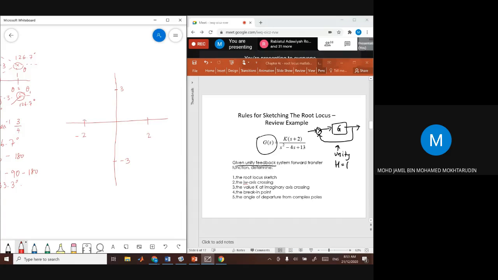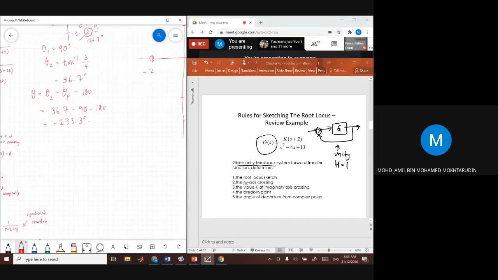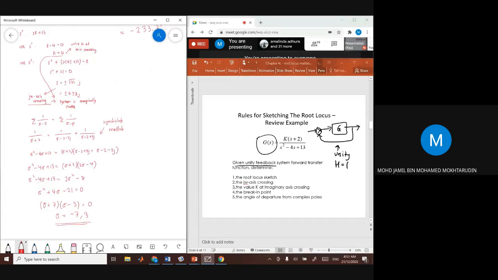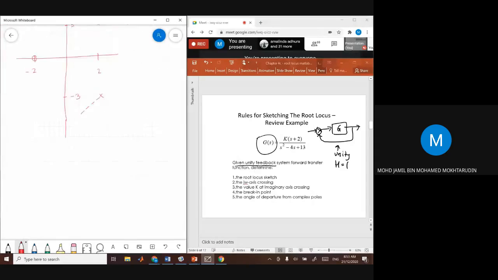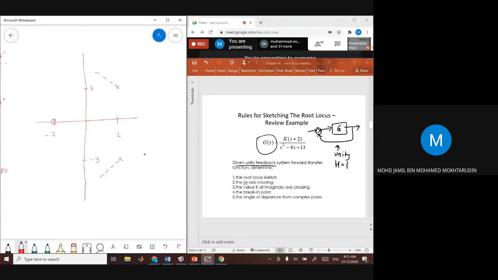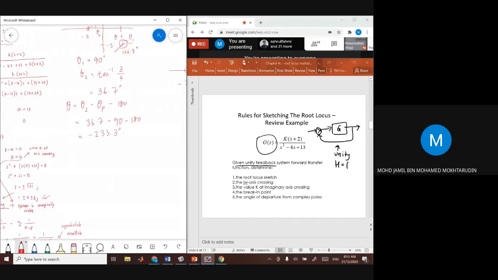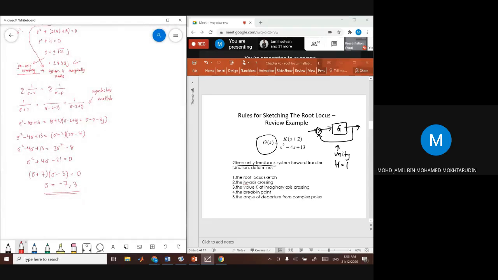So the zero is here at -2, and the poles are here, and then the angle is somewhere here, and then the jω axis crossing is at 4.58, maybe here. And then we have the break-in point.